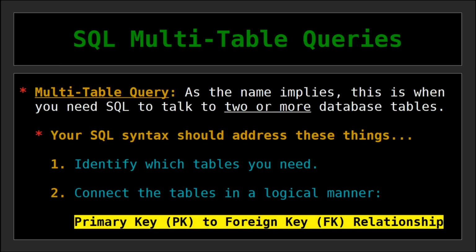Second, very importantly, you need to connect these tables in a logical manner. You may be wondering what that means. That's where we get into the big importance of database design, and one of my favorite topics, the entity relationship diagram, which is a model.